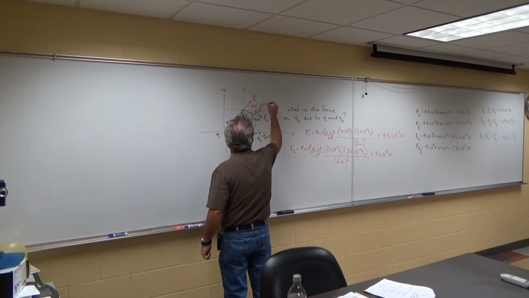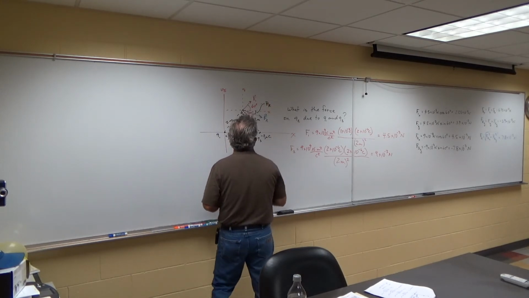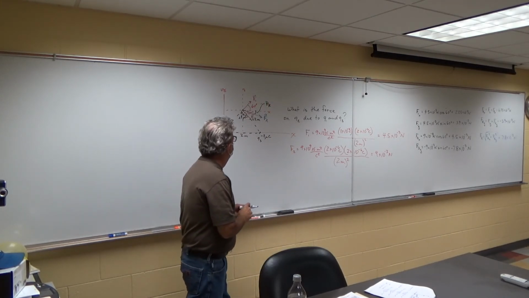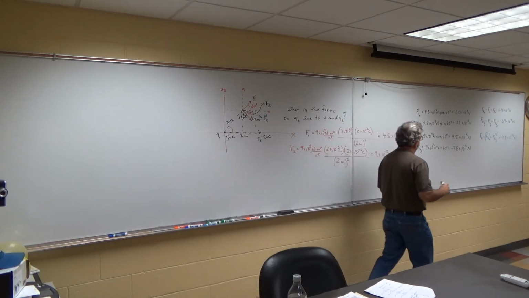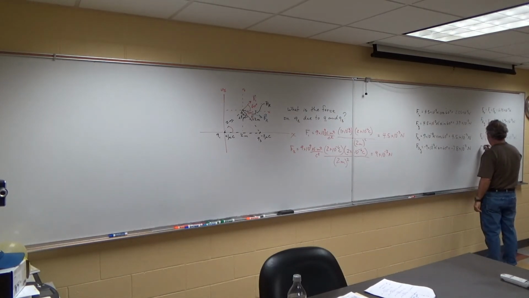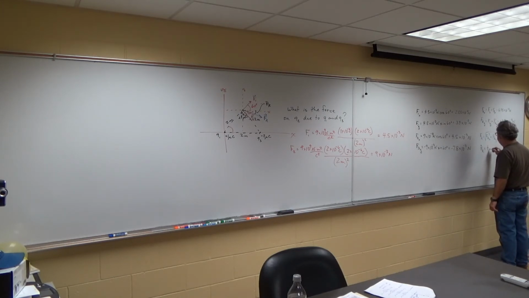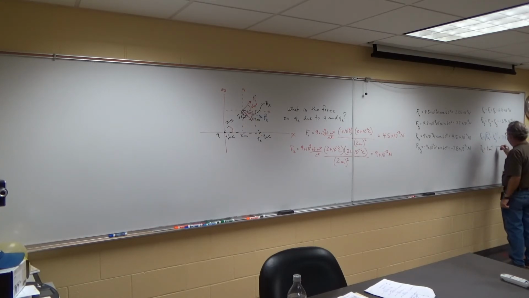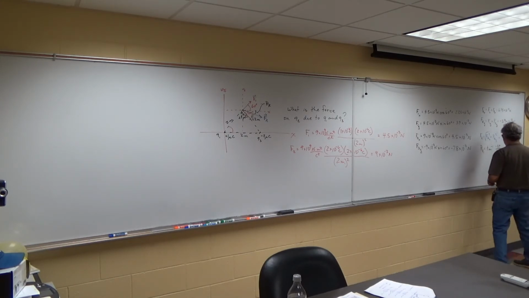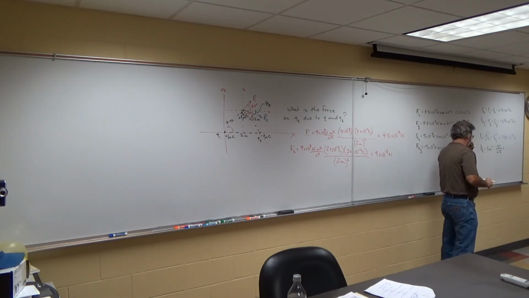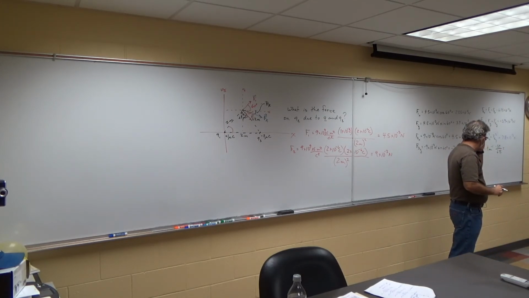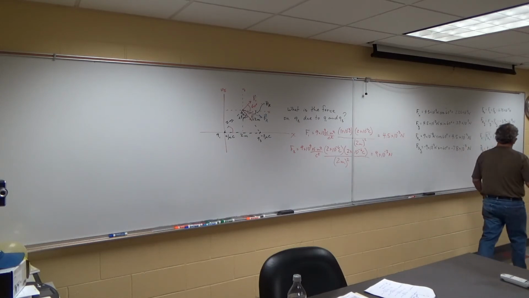I'm going to look at this one, theta R. So theta R is equal to arctangent of negative 3.9 divided by 6.75. So that equals what? Negative 30 degrees. Okay.